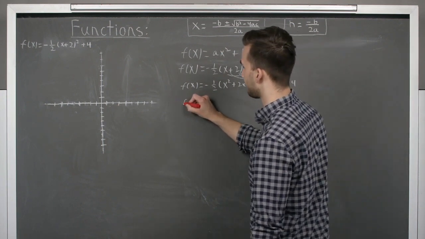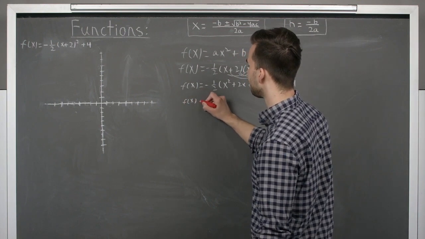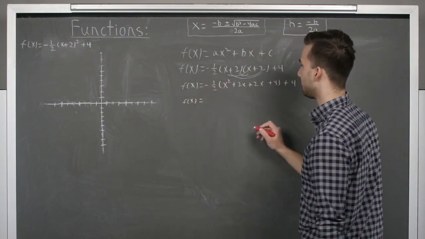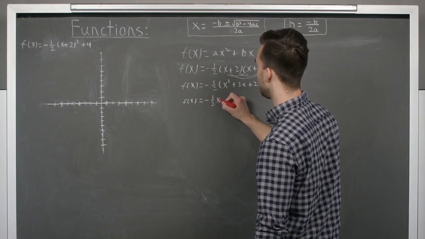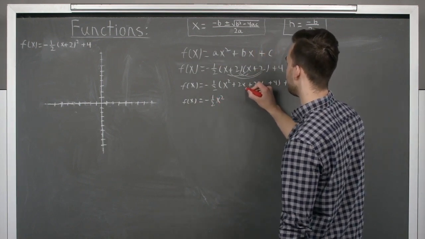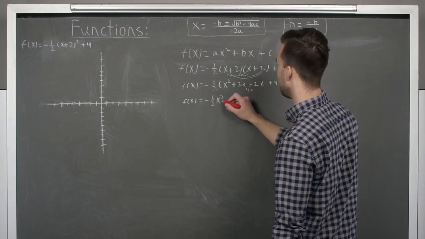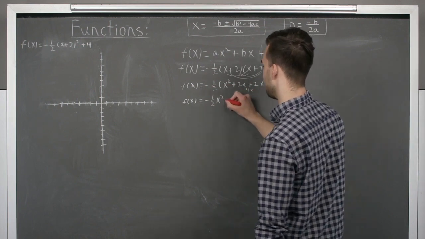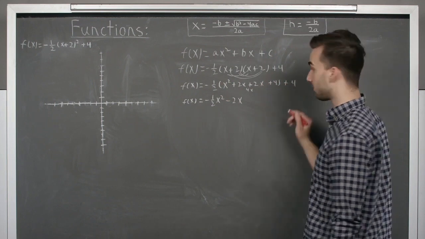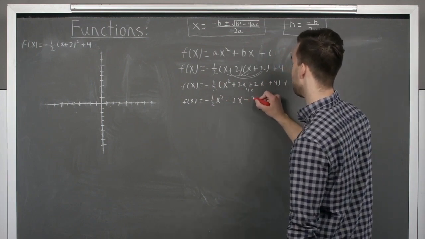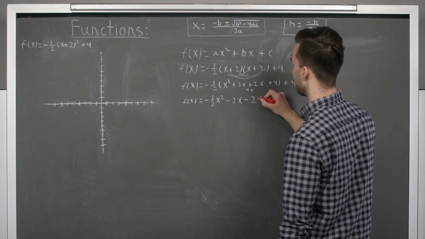So f of x is equal to -1/2 times x squared, and then we can combine like terms here, so that's equal to 4x. -1/2 times 4x gives us -2x, and then -1/2 times 4 gives us -2, and then we have a plus 4 over here.